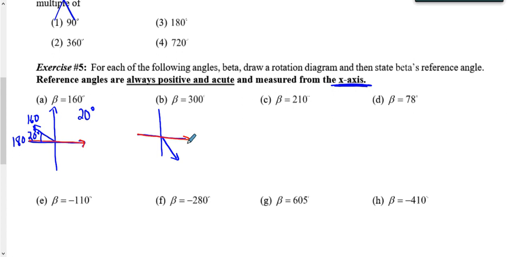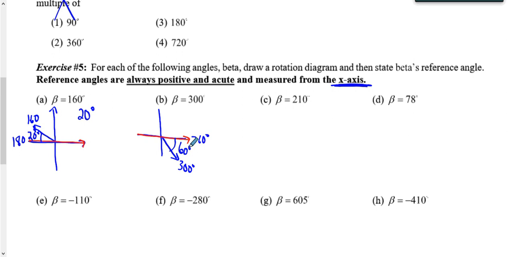So if this is 360 degrees, and this is 300, this reference angle is 60 degrees. Kind of getting the idea?